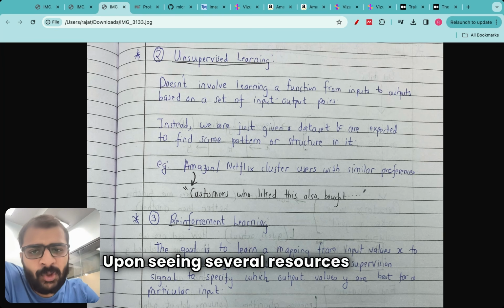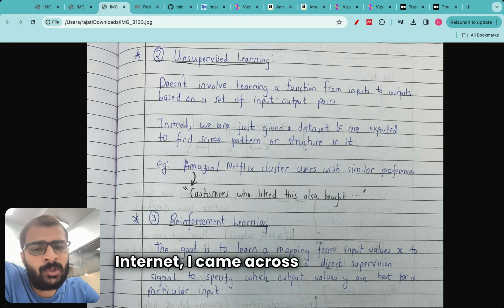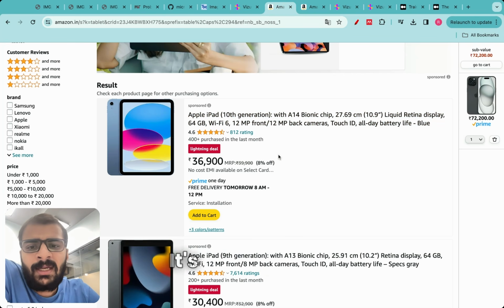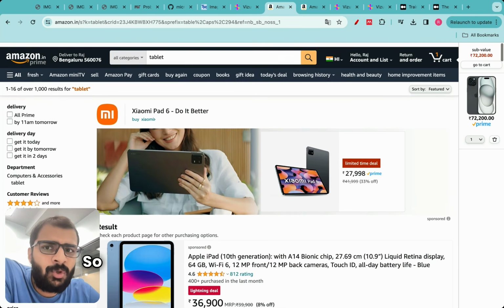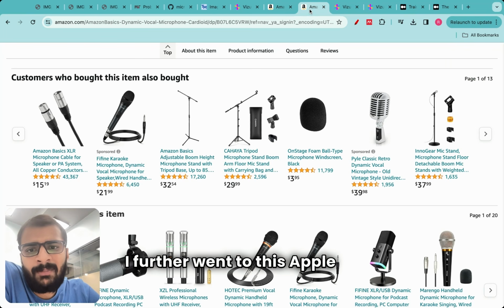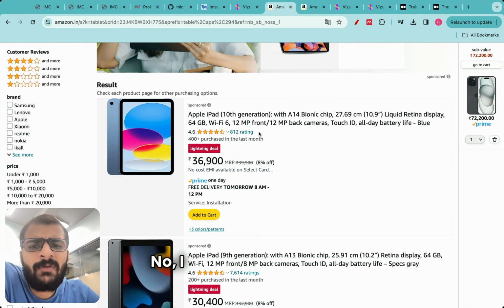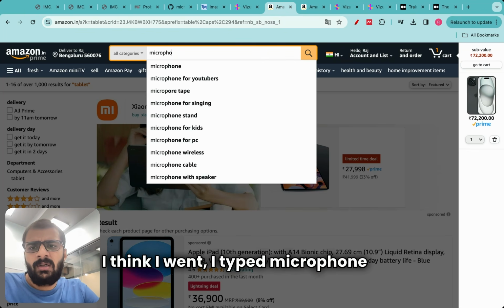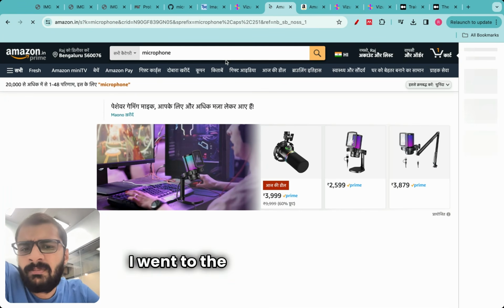Upon seeing several resources on the internet, I came across a beautiful example which illustrates unsupervised learning. It's Amazon. So I went to Amazon and I searched tablet. I further went to this Apple iPad. No, I went to microphone. I typed microphone, and I went to the examples of mics.